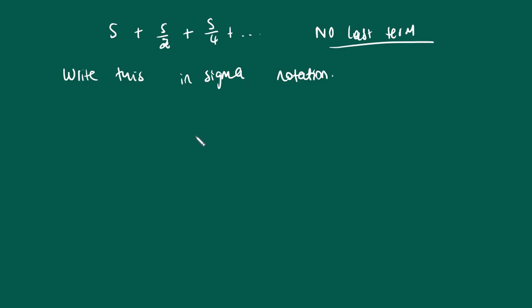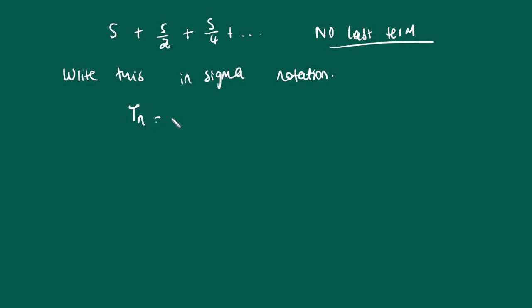So for you to write that in sigma notation is very simple. Remember, the procedure does not change. You need to find either your constant ratio or your constant difference so that you can have the general term, right? You need to find the Tn of the pattern.